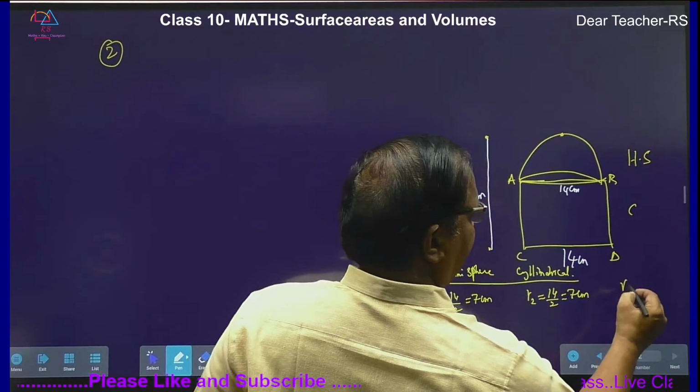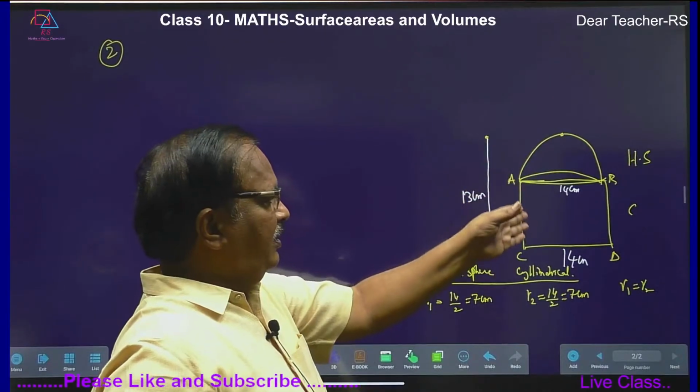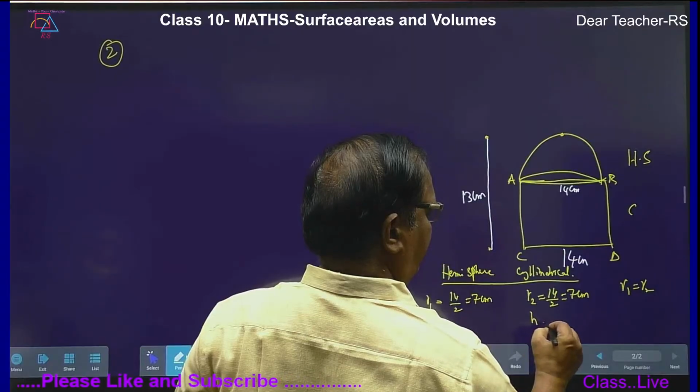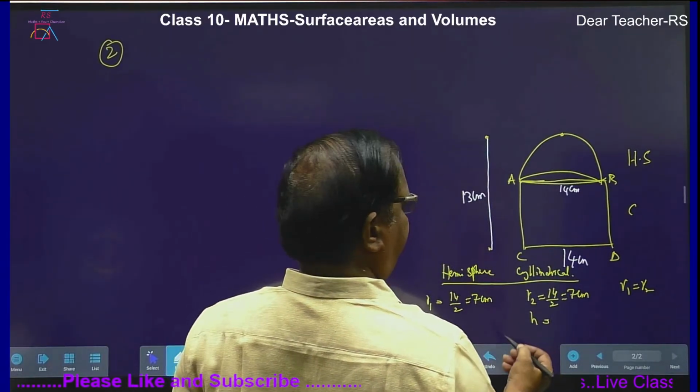R1 is equal to R2, the hemisphere radius is equal to the cylinder radius, and the cylinder has one more measurement, that is height.